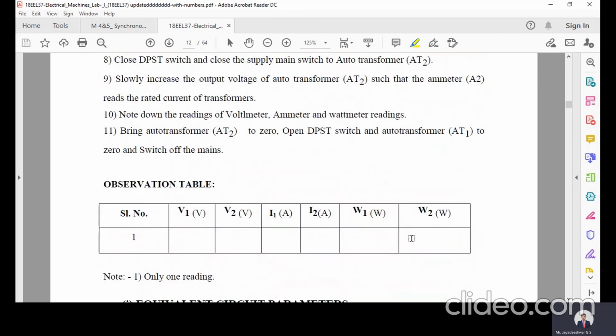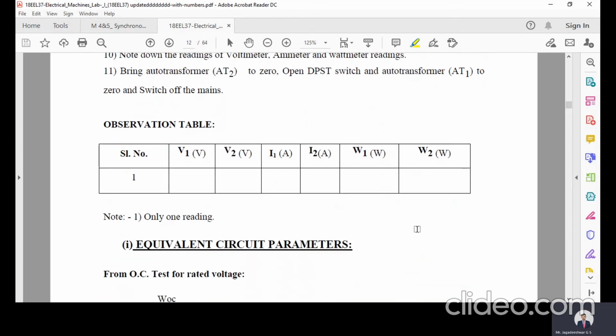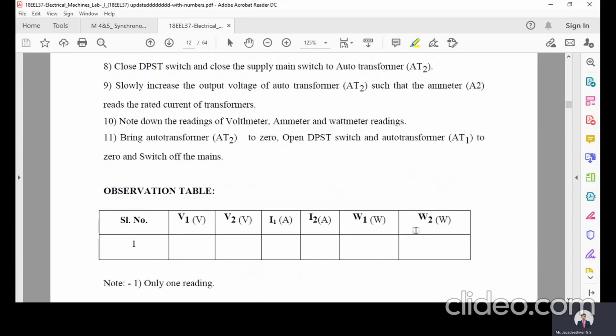Once you enter the observation table, you need to take care of multiplication by the wattmeter constant K for both W1 and W2. You know how to calculate the wattmeter constant. K is given as V selected times I selected, multiplied by cos phi, divided by the full scale reading of the wattmeter.